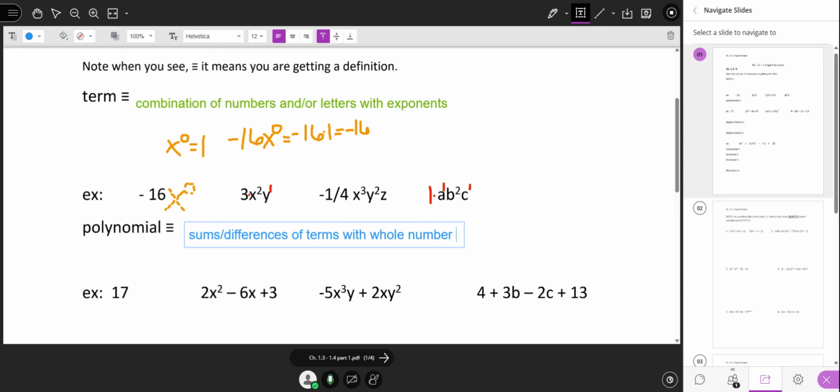I probably should say natural number exponents.